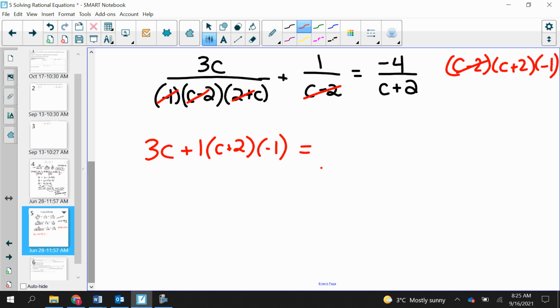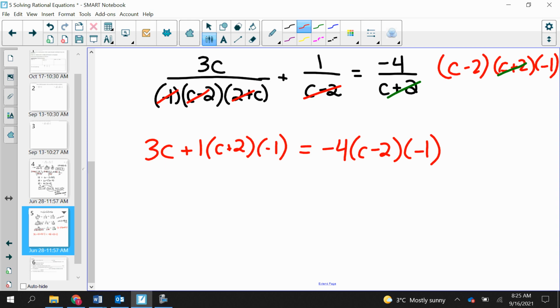And finally, the last one, I'll do it in green this time. We'll get rid of the c plus 2, and what we'll be left with is -4 times c minus 2 times -1. Okay, so now it's starting to simplify.